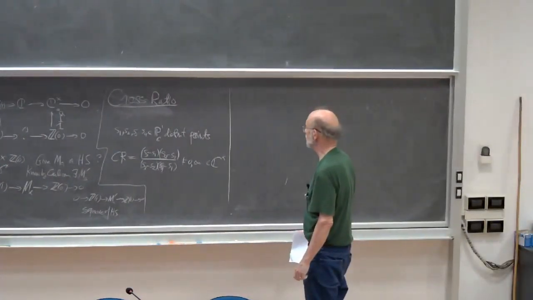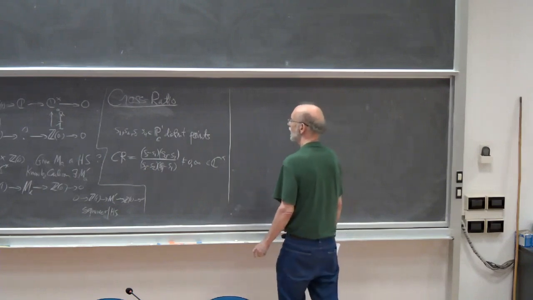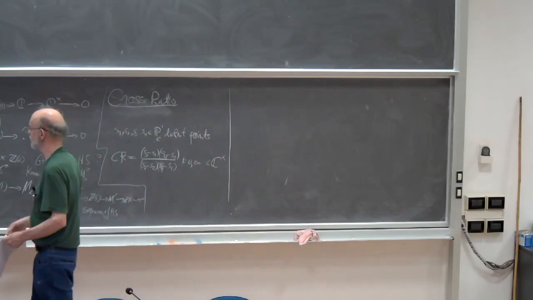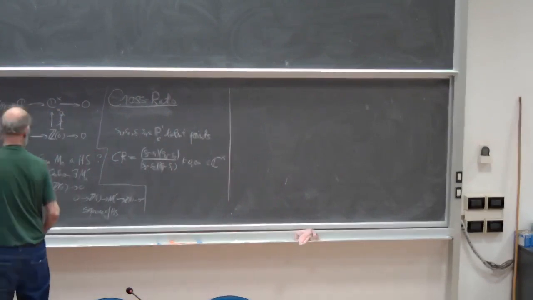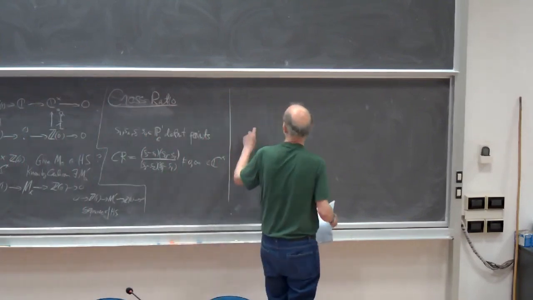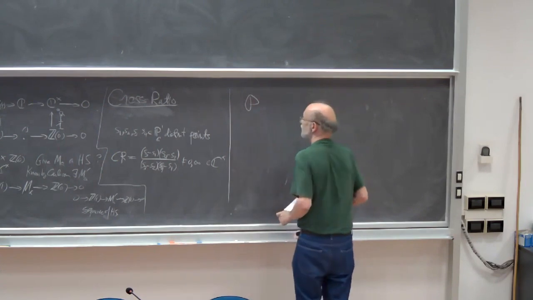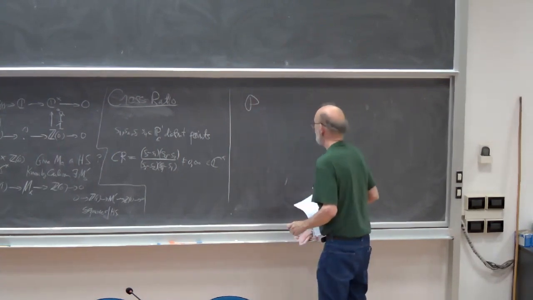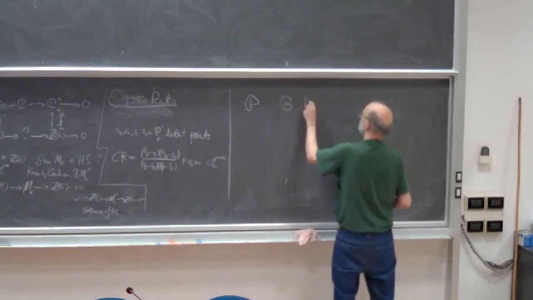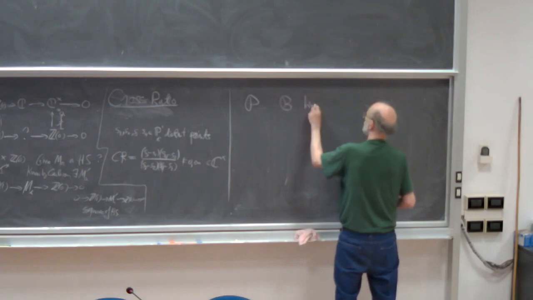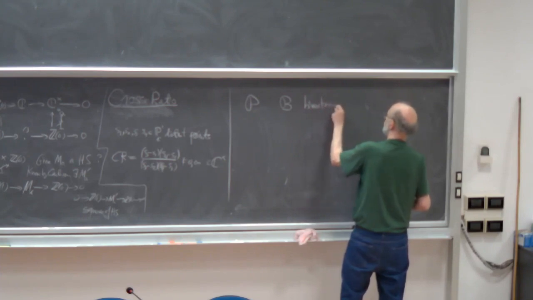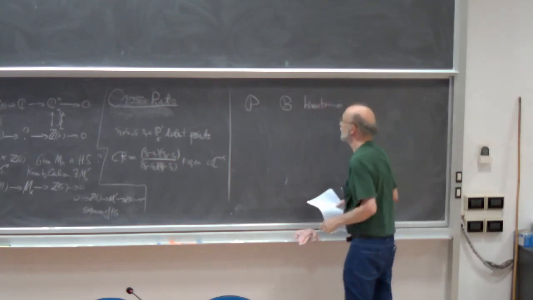So let's consider, on the other hand, our Biextensions. We discussed, I guess I erased it, but we discussed Biextensions on a general smooth projective variety P. So P is our smooth projective variety, and let's say B is a Biextension. Right.